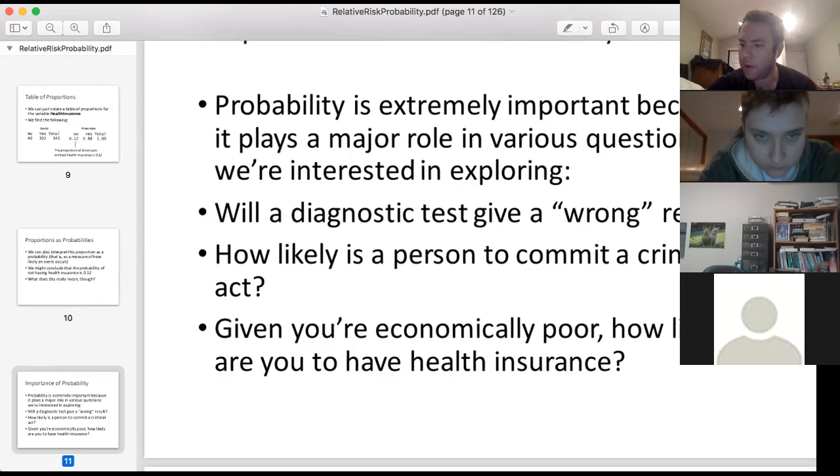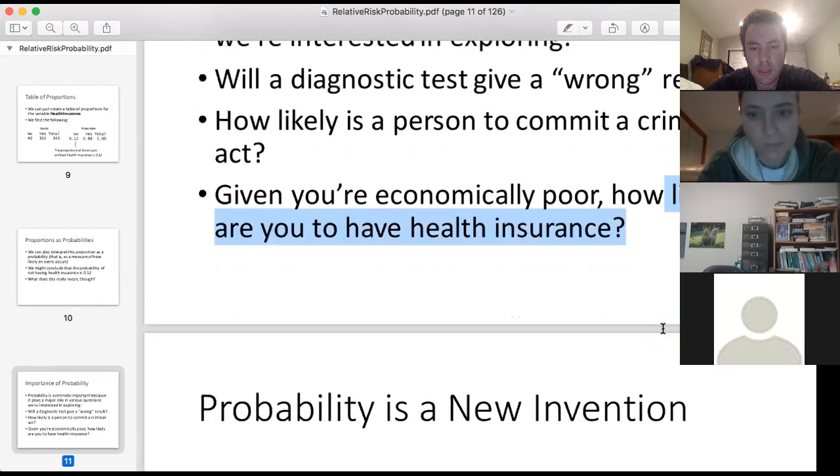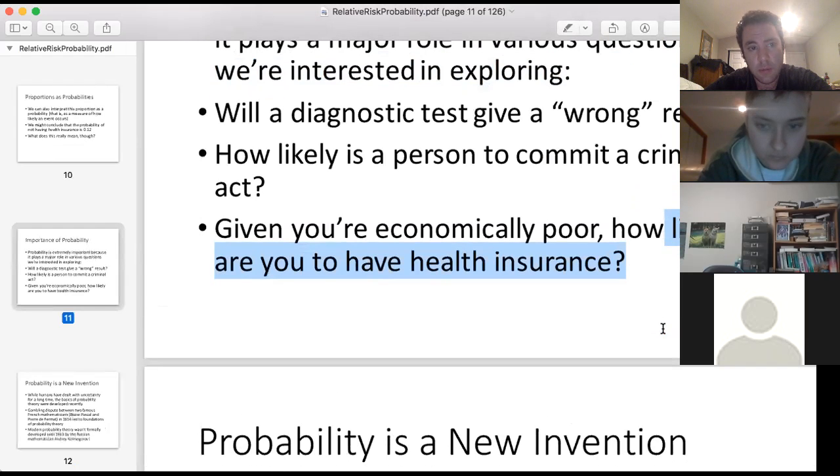So likewise, we can also ask, given that you are poor, economically poor, how likely is it that you will have health insurance? So that's basically like a conditional probability.